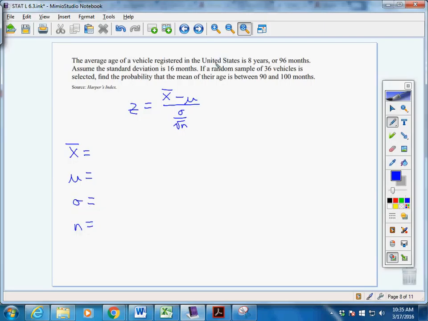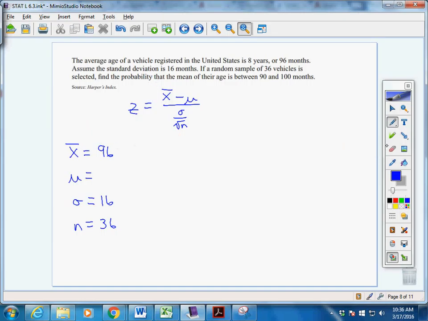The average age of all the vehicles registered in the United States, that's the population, is 8 years or 96 months. Since everything else is given here in months, I'm going to leave it as 96. The standard deviation is 16 months. They're taking a random sample of 36.